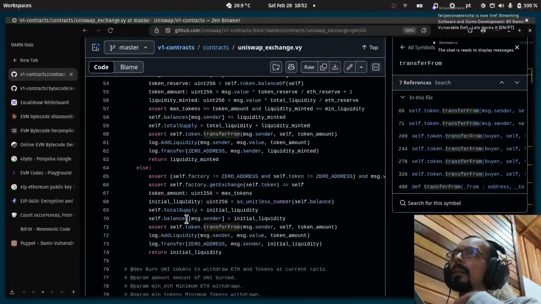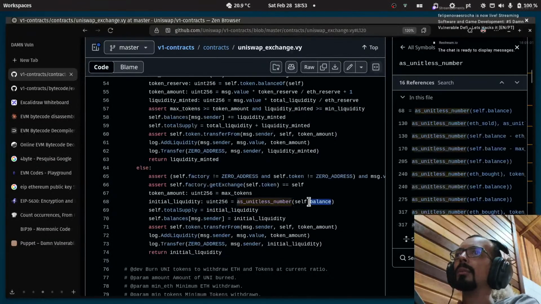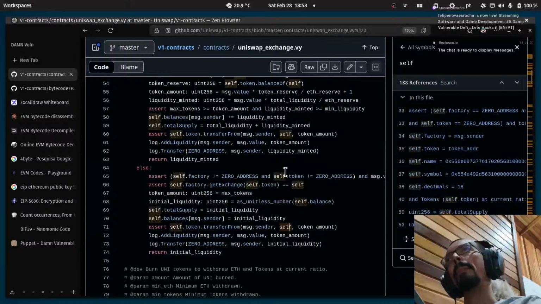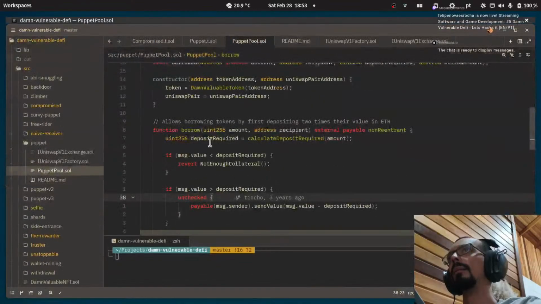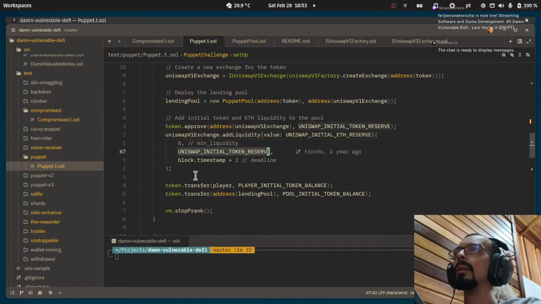Yeah, so here's the first supply, initial liquidity, and they take as unit the last number from balance. So the first balance, wait, so the first balance should be 0. No, the self balance is the unit token, right? Yeah, I think the first time they pass, yeah, it's Ethereum, should be 100,000, 0, and initial token reserve.